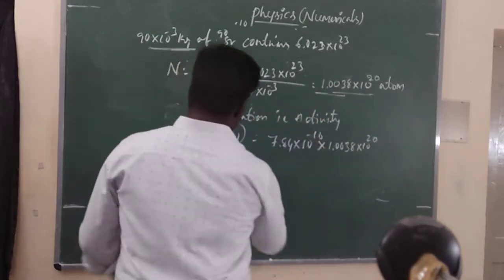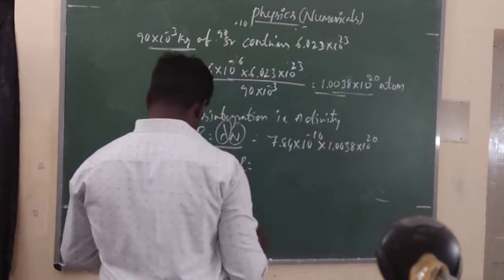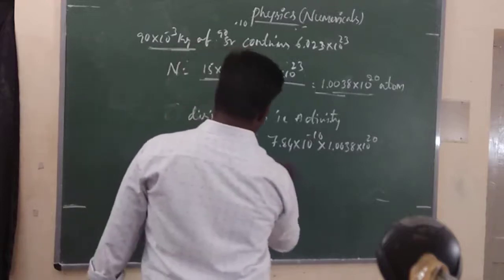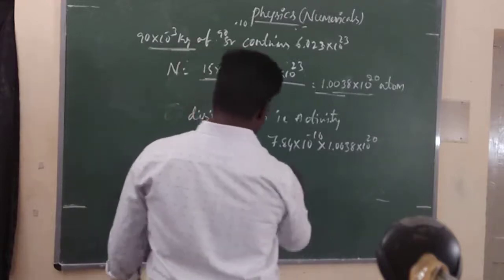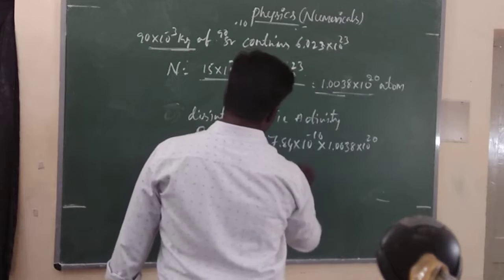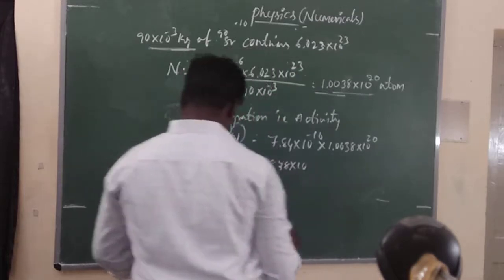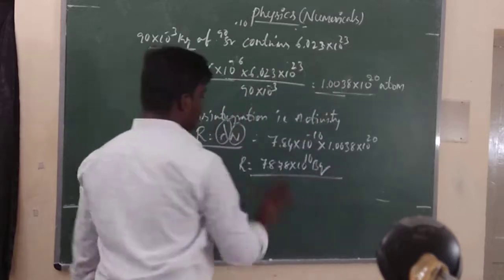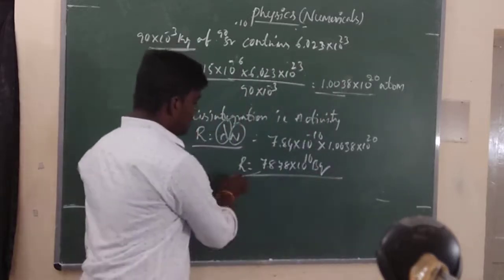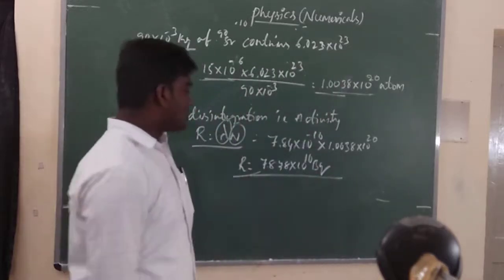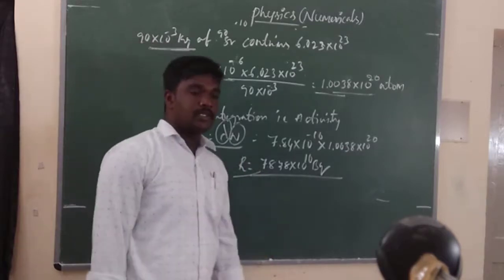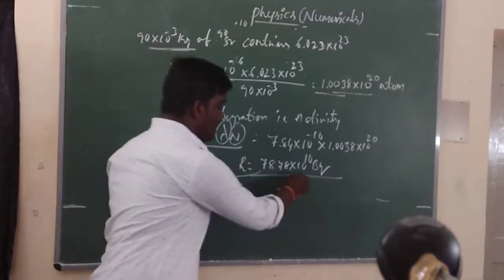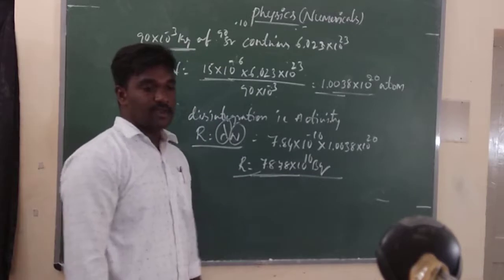So R is equal to 7.878 into 10 to the power of 10 becquerel. This is the disintegration or activity of the isotope, the final answer for this numerical.